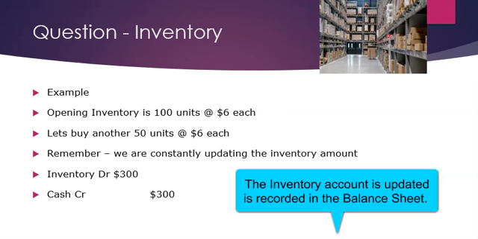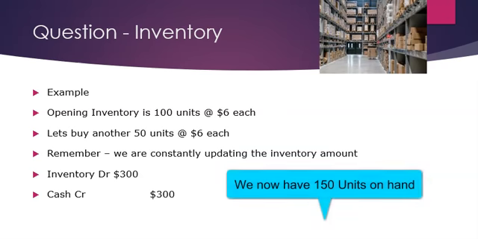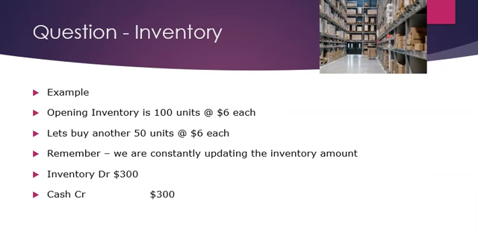So remember, we are constantly updating the inventory amount in the inventory account. So therefore the journal entry, well, 50 multiplied by 6, that's $300. So our inventory will increase, therefore inventory debit $300. And if we pay cash, it will be cash credit $300, which means the cash is going out of our bank account.